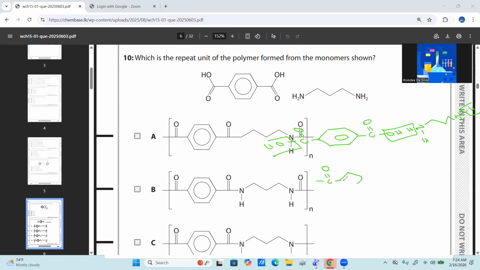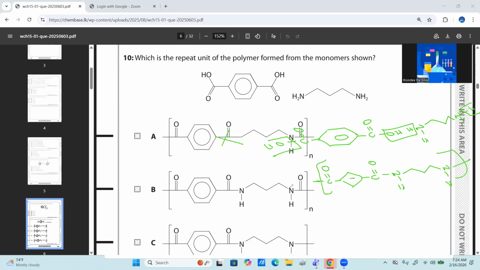Then you get the benzene, CO, NH, NH, and a continuation bond. So for the correct structure, this one is wrong because there should be a formation of an amide bond. Amide bond is there, but there's another amide bond, so it is wrong.